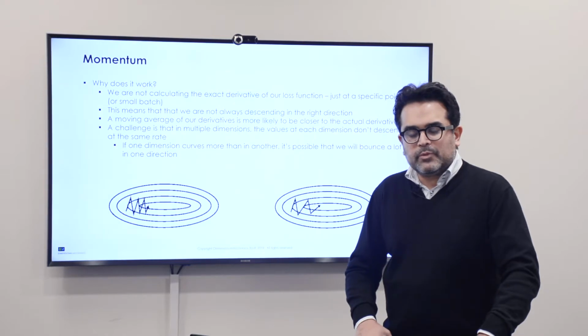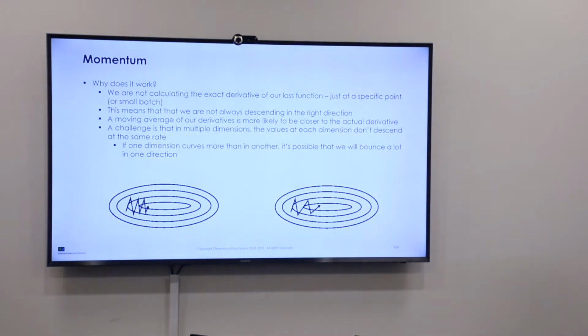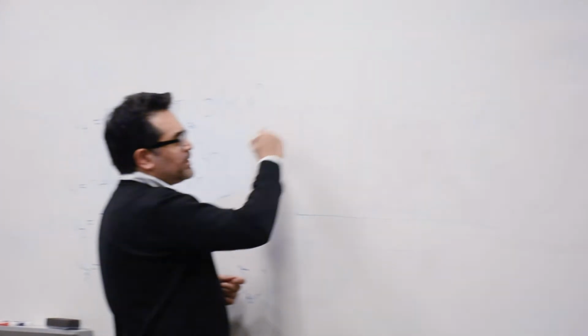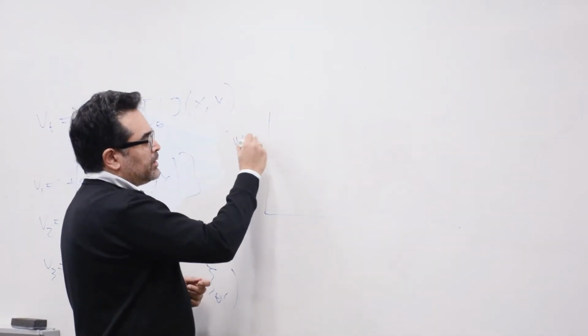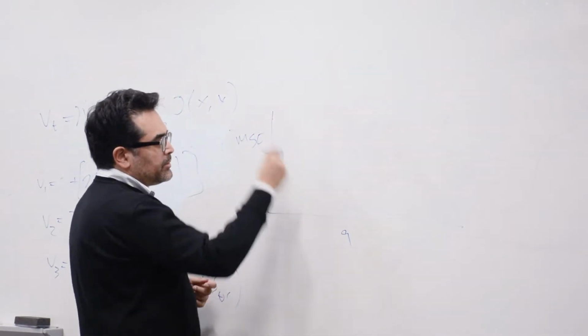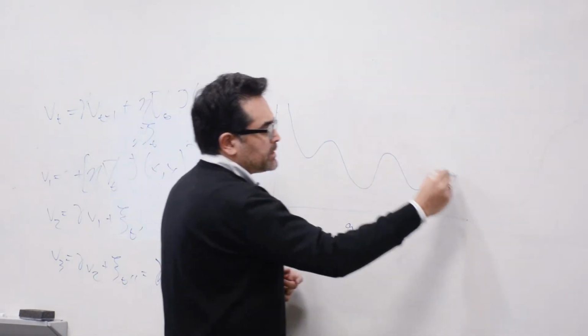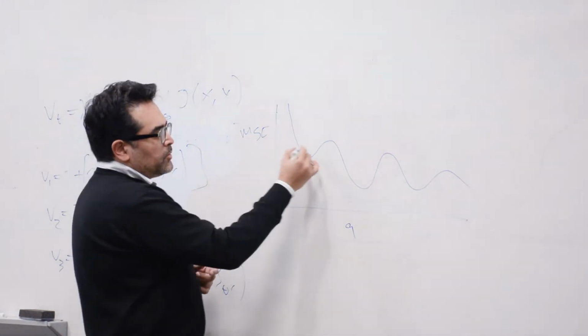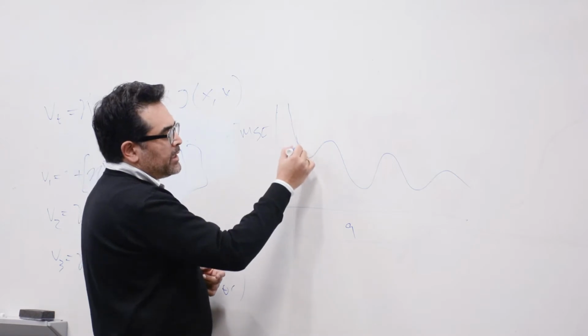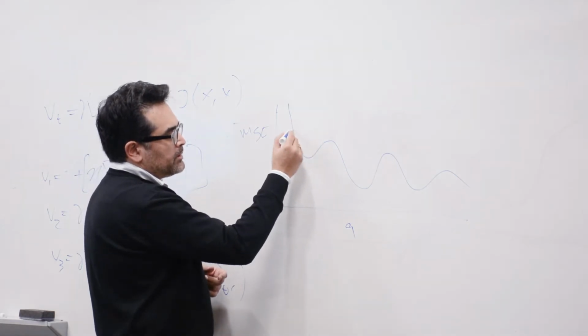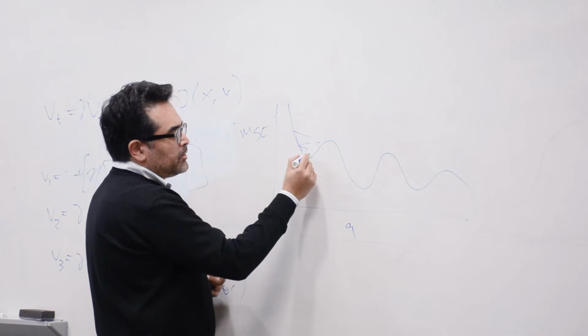So the reason why it's called momentum is, I kind of like it or don't like it depending upon my mood. So if this is your MSE, and this is your parameter, let's say it's only one parameter, then you could have something like that. What happens is that if you're decaying, you could get down to that.